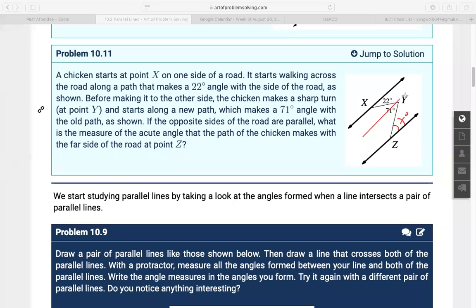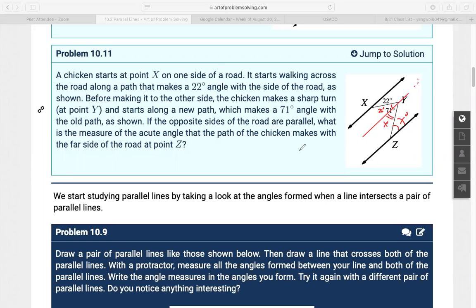One, you can draw another line parallel with these two sides of the road, passing through the point Y. Then this angle will equal 22 degrees, right? This one equals 22 degrees. Then this angle will equal this X degrees.